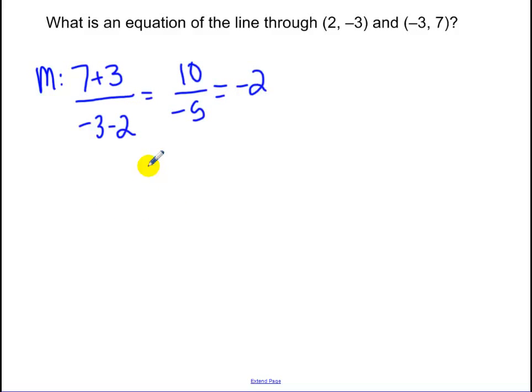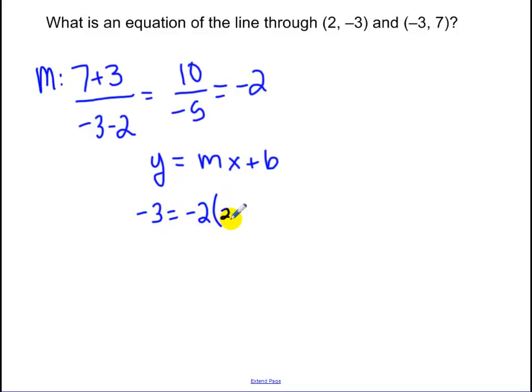Now I'm going to do the y equals mx plus b form, because that's the one that you guys have seen most often. Pick one of those 2 points like I did in the first example. It doesn't matter which one you pick. I'm going to pick the first point. So I have -3 as my y coordinate. Our slope is -2.